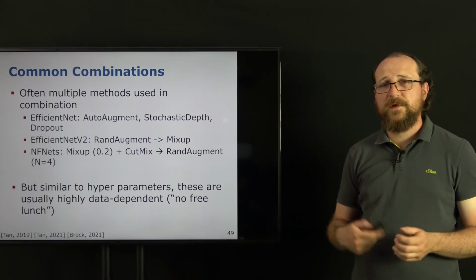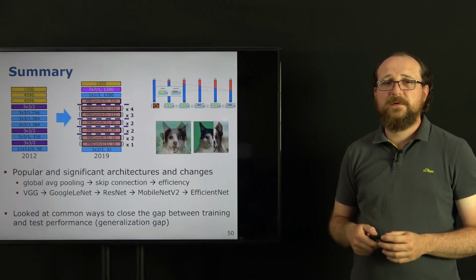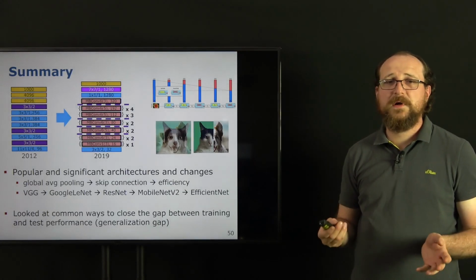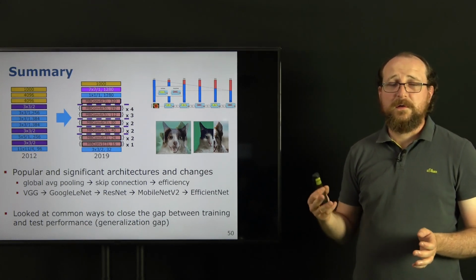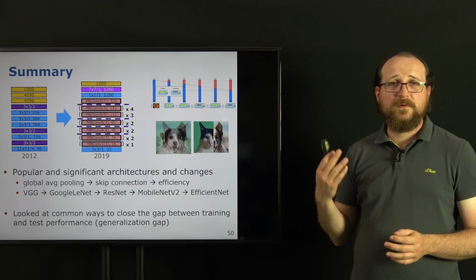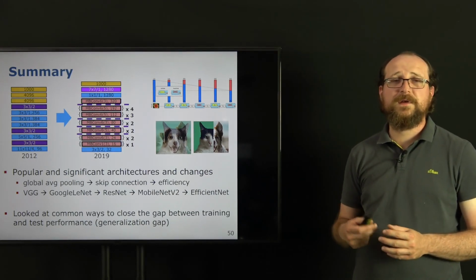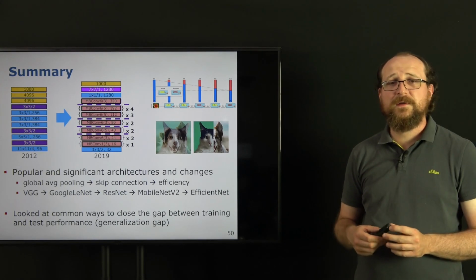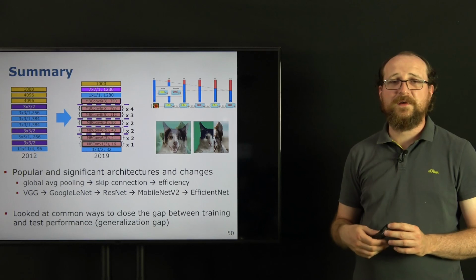With this I'm coming to an end. In this lecture we talked about popular and significant architectures, and as I said, you can take one of these later architectures, maybe something like ResNet, as your starting point and then adapt it to the specific task.